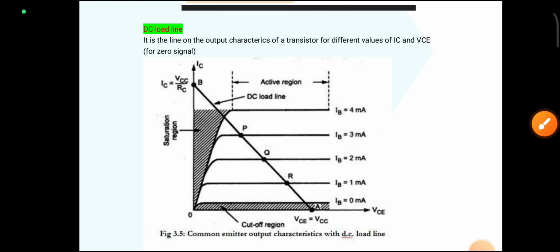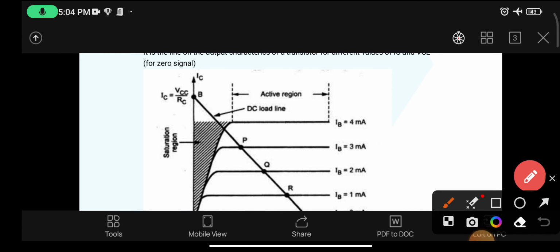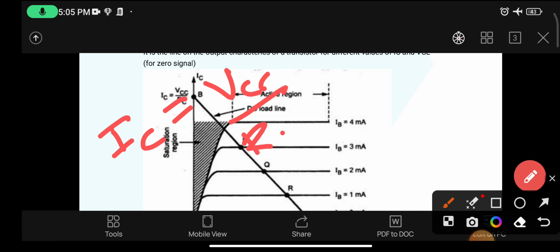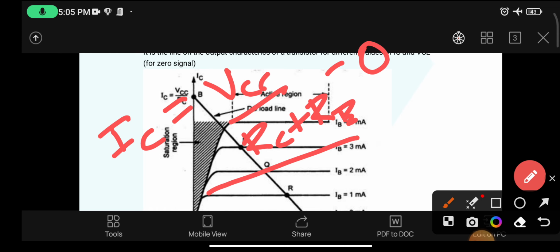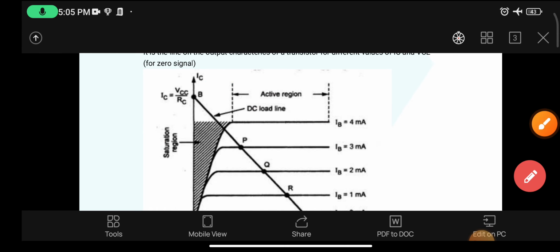Then in the relation, IC is equal to VCC by (RC plus RE) minus 0, because here VCE is equal to 0. So from this, IC is equal to VCC by (RC plus RE).